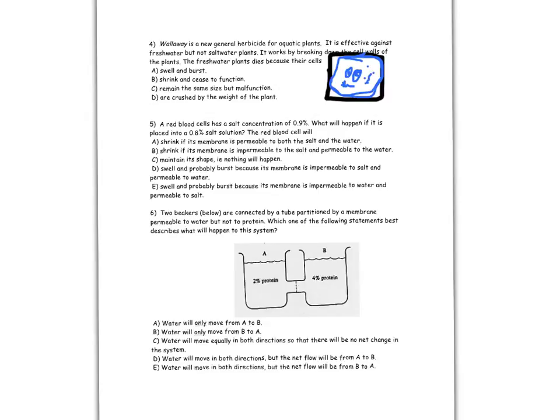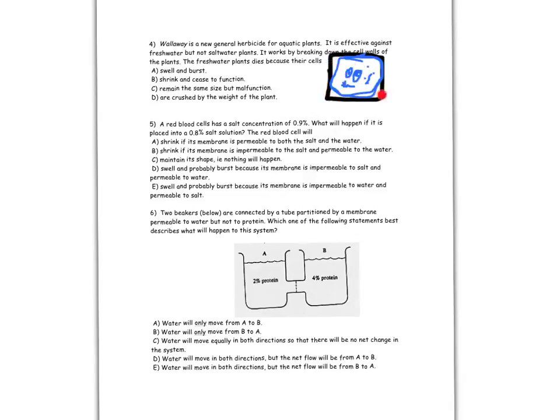So there's the cell membrane. There's the cell wall. Why does a plant cell, why does a bacterial cell, why does a prokaryote need a cell wall? Not all prokaryotes have cell walls, but why do these things need cell walls? They need cell walls because if water rushes in, this thing is going to start to swell.